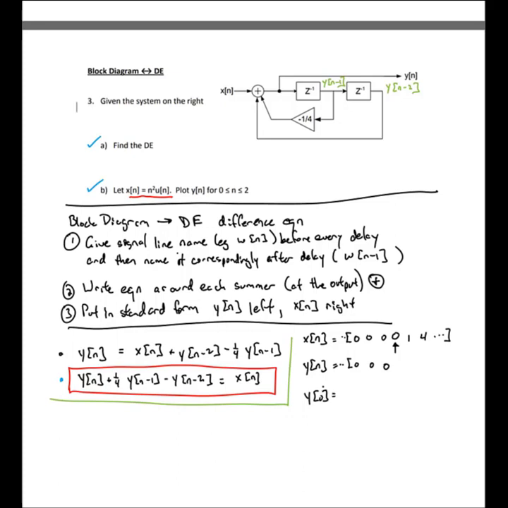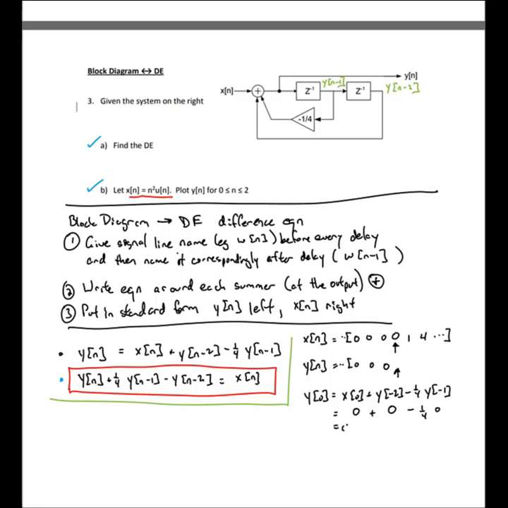Using Alex's method with this first equation, y of 0 is equal to x of 0 plus y of negative 2 minus 1/4 y of negative 1. Our x of 0 we know is 0. Our y of negative 2 is all zeros out there, minus 1/4 times 0.